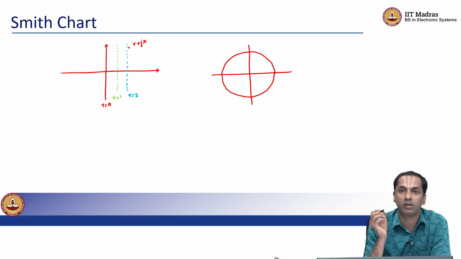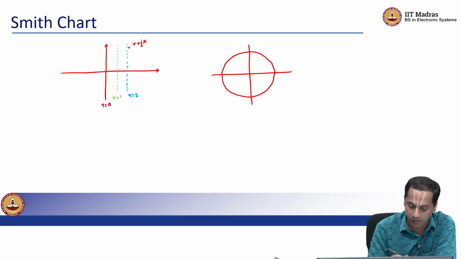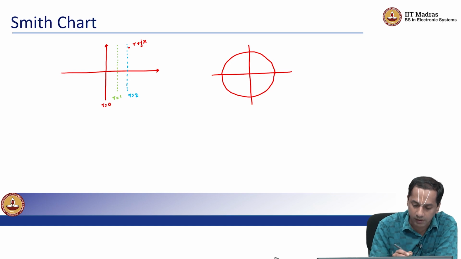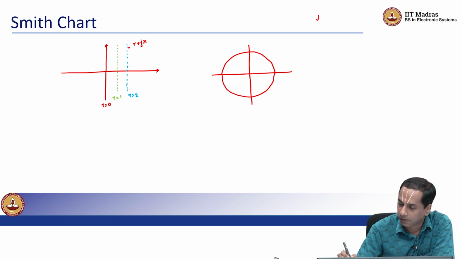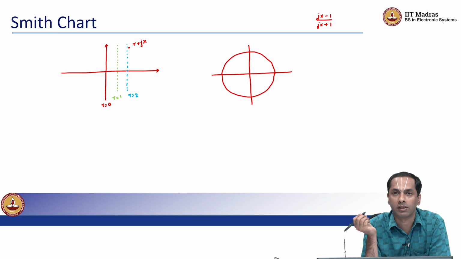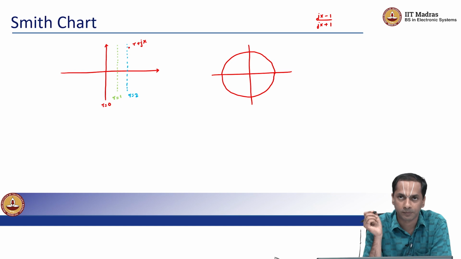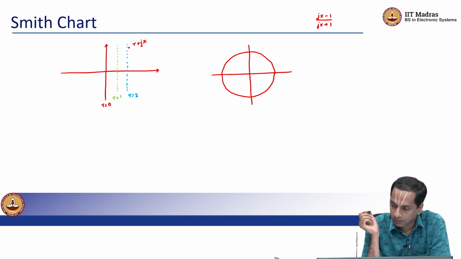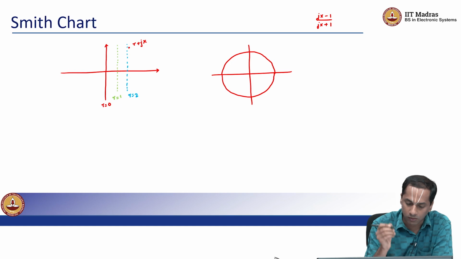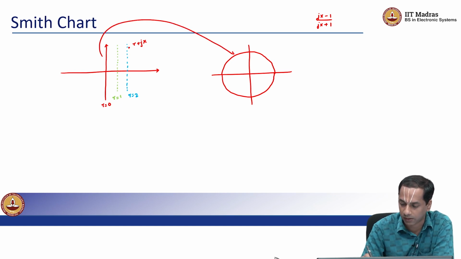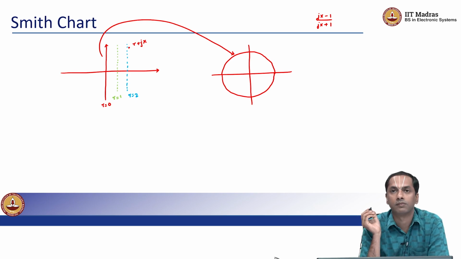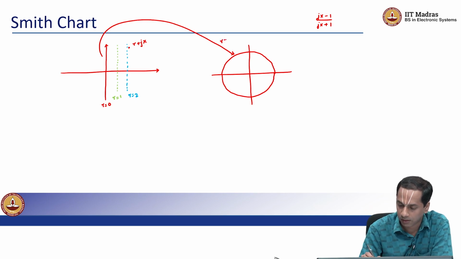Because remember, in the discussion on power transfer, we said that if I have (jx minus 1) by (jx plus 1), this is just a complex conjugate. So regardless of what the value of x is, the modulus of gamma is going to be 1. So we can say that R equals 0 maps to the unit circle.